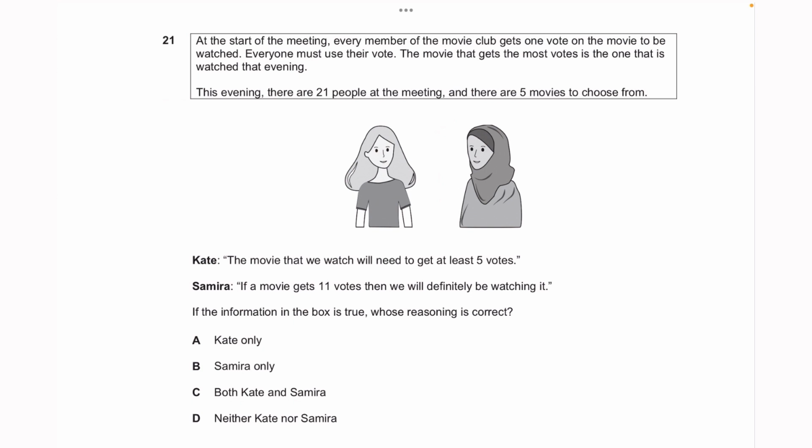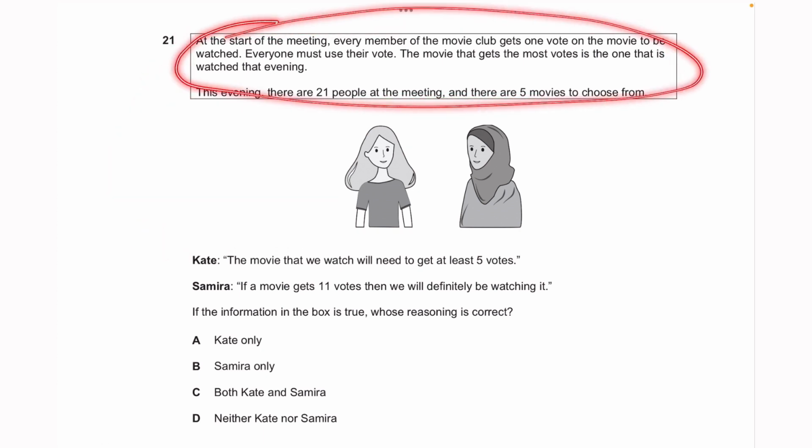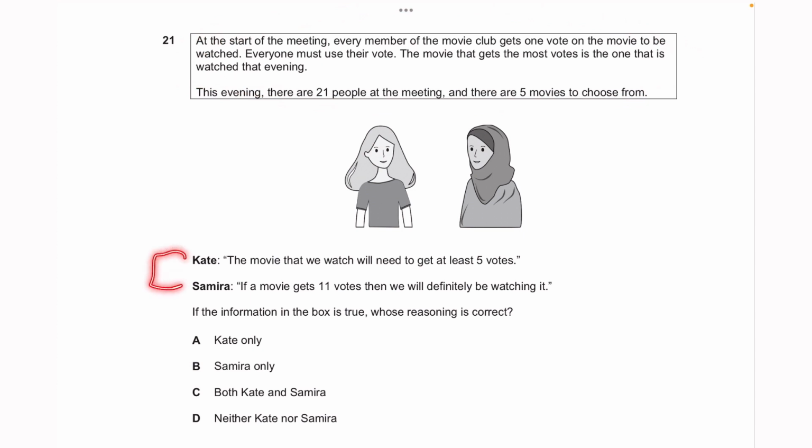So, once again, we've got Kate and Samira, our main characters, and they need to match the above information. We know that this information is true, and we are trying to measure both Kate and Samira's argument and see if they're correct based on this information up above. So, we need to first understand what the information up above says.